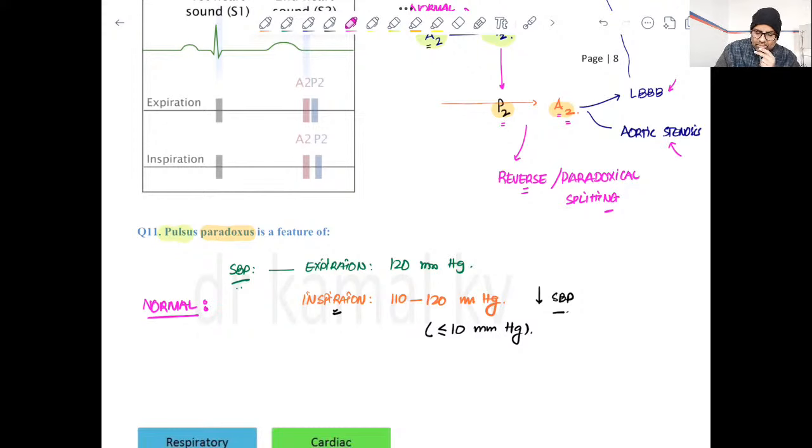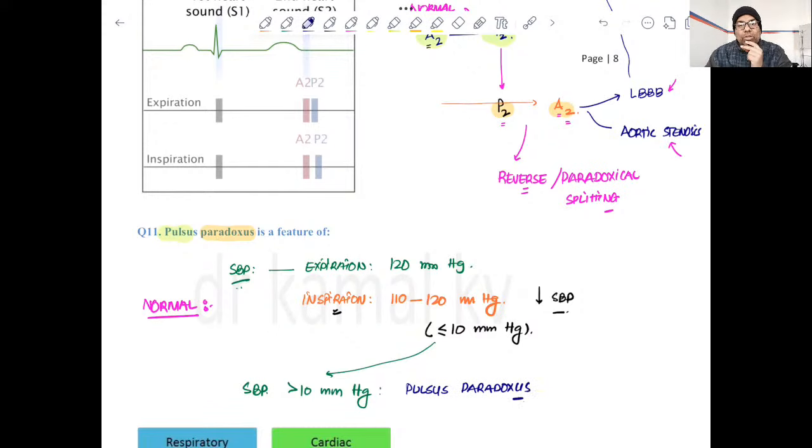Now in certain conditions, this fall is more than 10 millimeter of mercury. In systolic blood pressure, on inspiration, the fall is more than 10 millimeter of mercury, and this condition is known as pulsus paradoxus. So this is an exaggeration of the normal physiology. The value which was supposed to be less than 10 has now moved beyond 10, right?